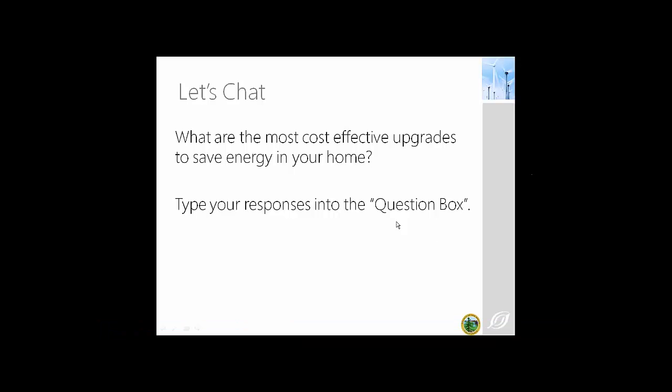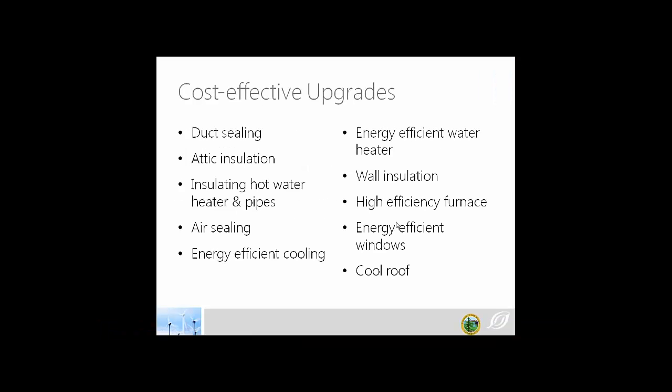Okay, so if we go to the next slide, I'll show you the top 10 or 12 most cost-effective upgrades for saving energy in your home. The number one is duct sealing, which nobody thinks of really, but sealing the space in between your ducts as they fit together, that's one of the biggest losses of heat in your house.